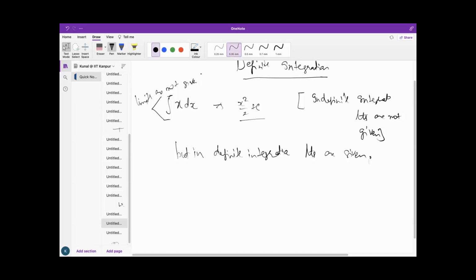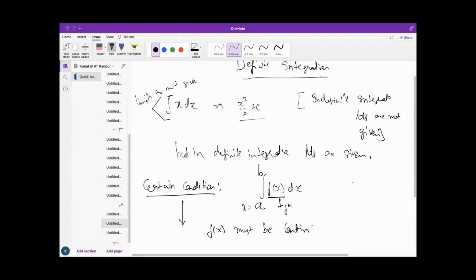So first we have to know there is a certain condition, like if we are integrating a function f(x), this is our given function, from a to b. This is our x, which varies from a to b. So the condition is f(x) must be continuous in x belongs to a to b.